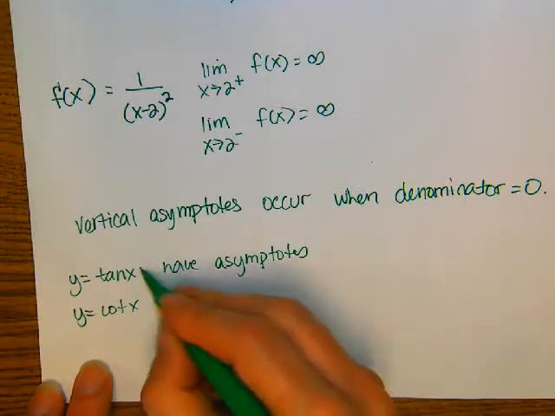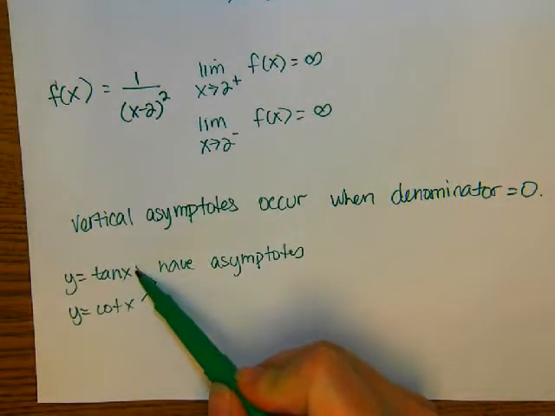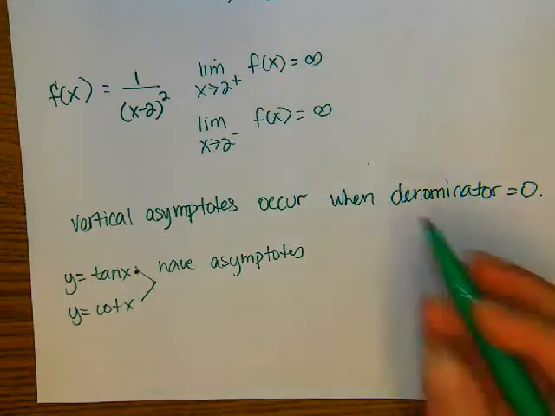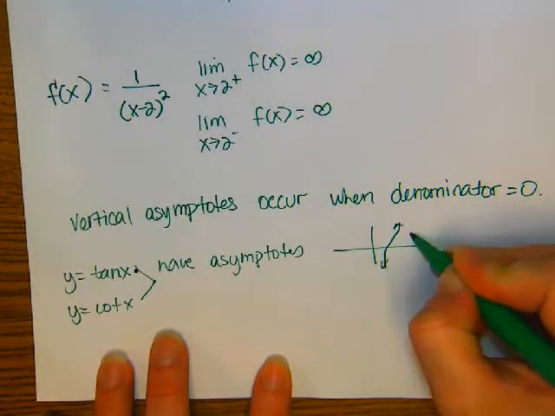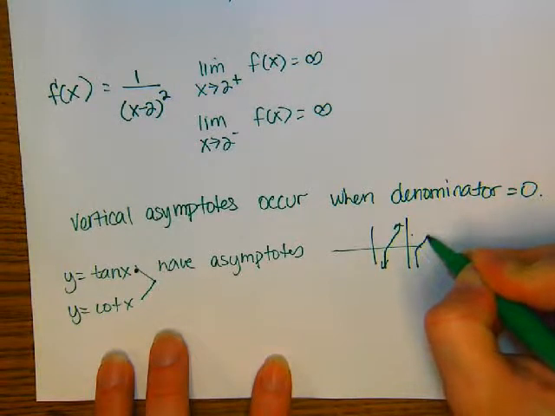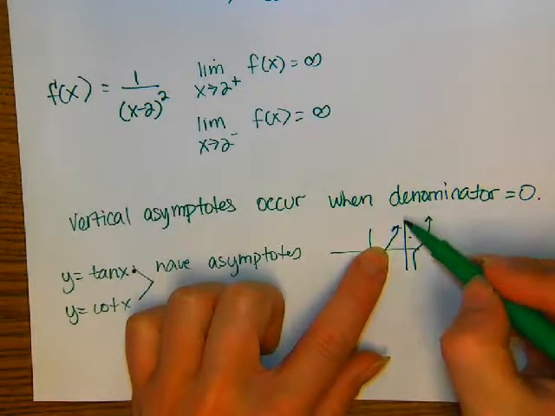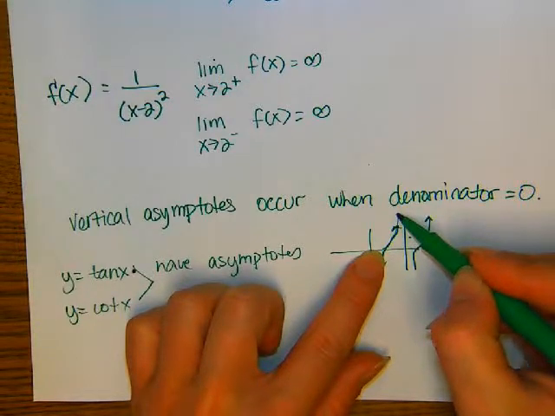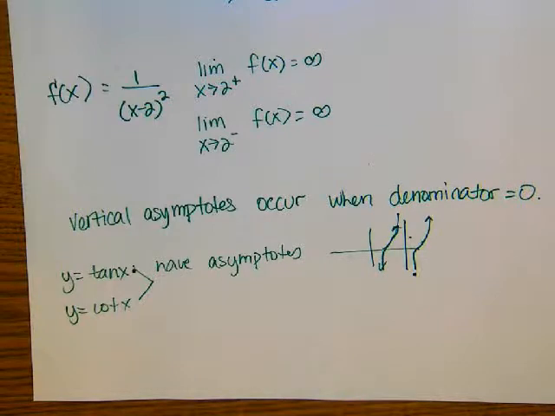Okay. Tangent occurs at odd multiples of pi halves, remembering that, okay? And so, you should be able to evaluate tangent, it looks like this, okay? So, like if I'm talking about this asymptote at pi halves, from the left it's approaching infinity, from the right it's approaching negative infinity. You should be able to figure that out.